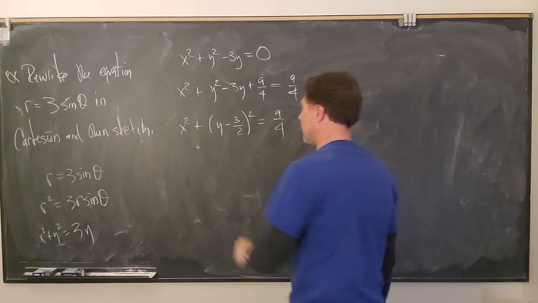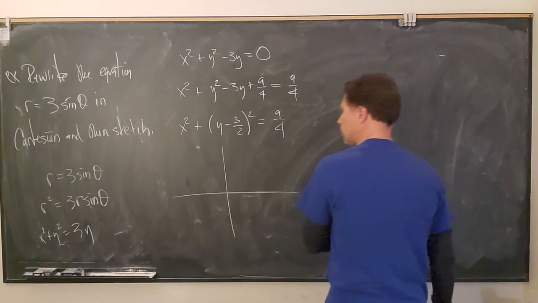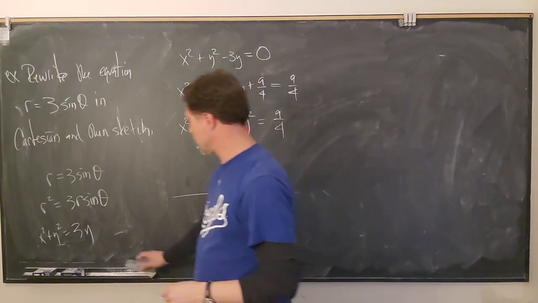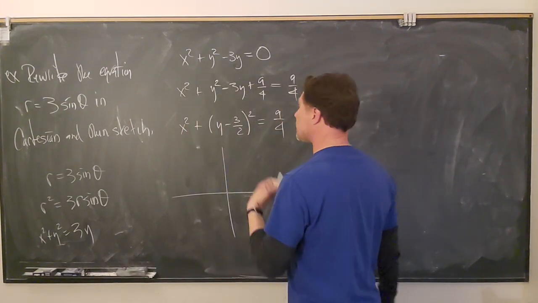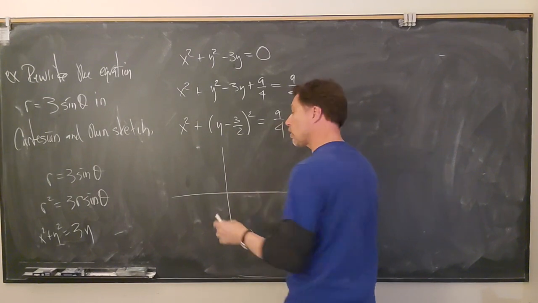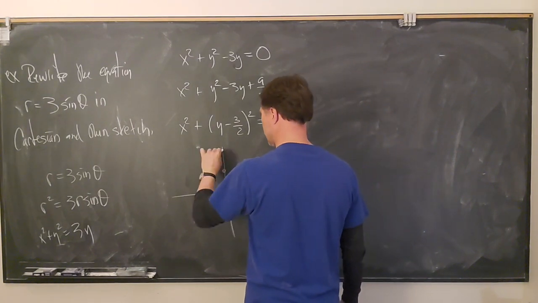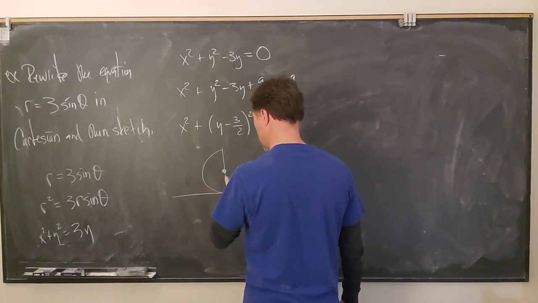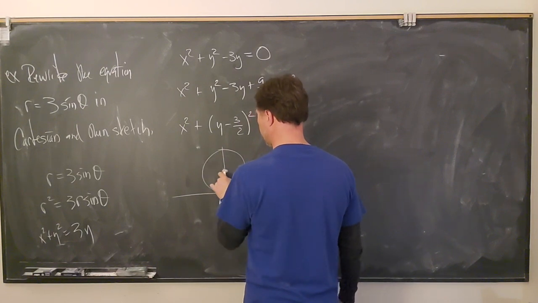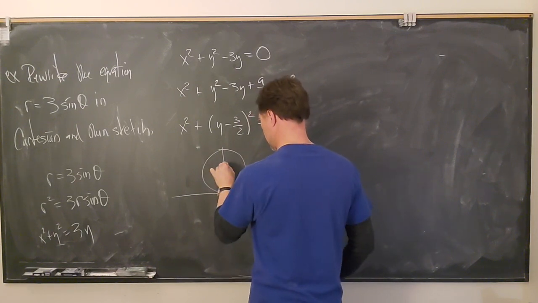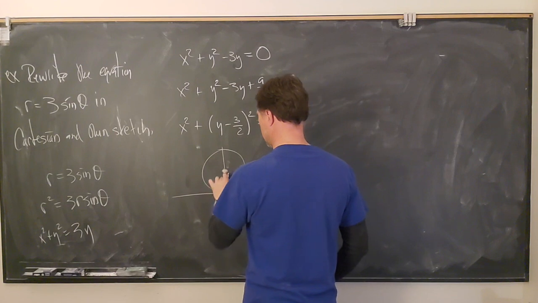You should recognize this as the equation of a circle whose radius is 3/2 centered at (0, 3/2). So it's a circle like that, where the center is at (0, 3/2).